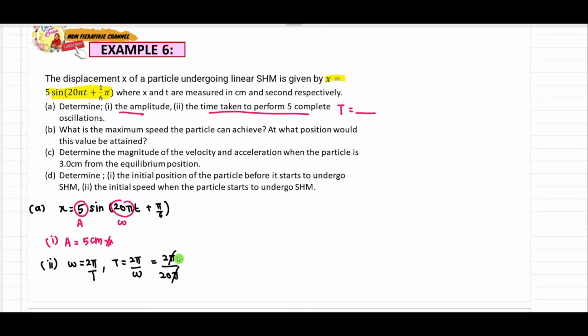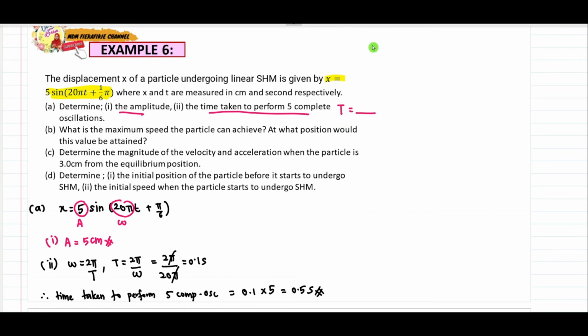So, if we calculate carefully, we will get capital T, the time taken to complete 1 oscillation, equal to 0.1 second. Therefore, the time taken to perform 5 complete oscillations is equal to 0.1 second times 5, and the answer is 0.5 seconds. Okay, so finish part A.